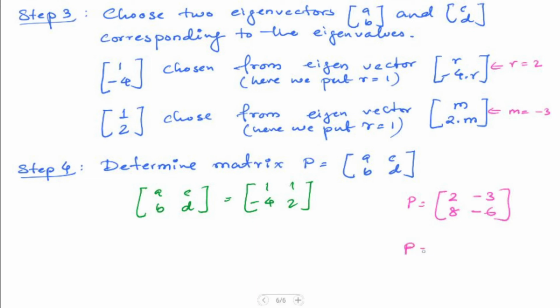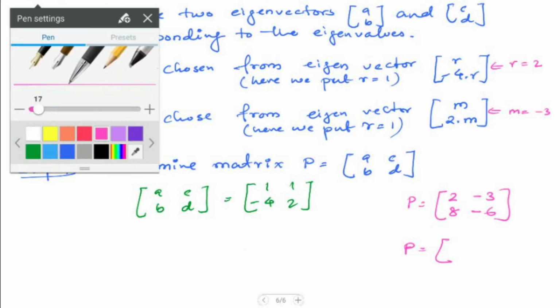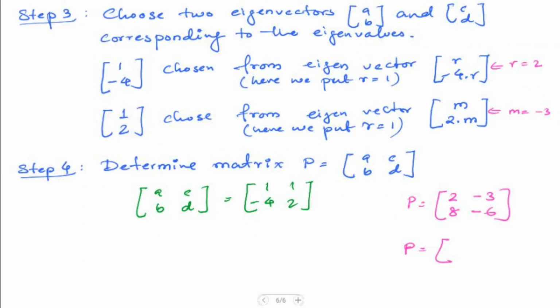Or you could also take, let's say, a different R. Maybe I'll use different colors so I don't need to erase. Let's say for the second R, I choose it to be minus 1, and M to be half. In that case, P would be minus 1, 4, and M is half, and half times 2 would be 1.